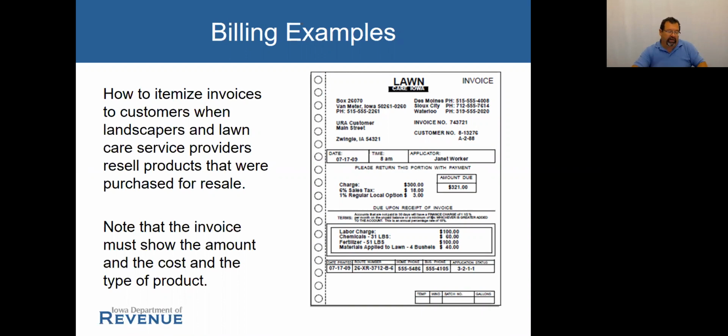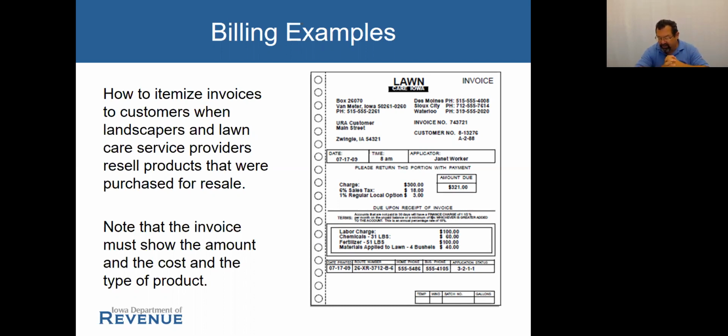In this first one, they itemize the invoice to the customers, and in that particular case, the invoice shows the amount and the cost and the type of product. So the total charge is $300.